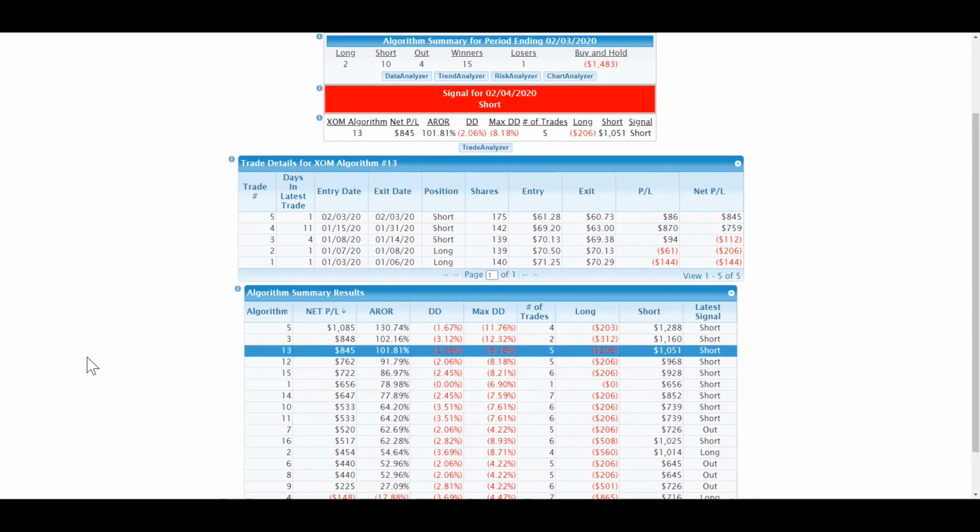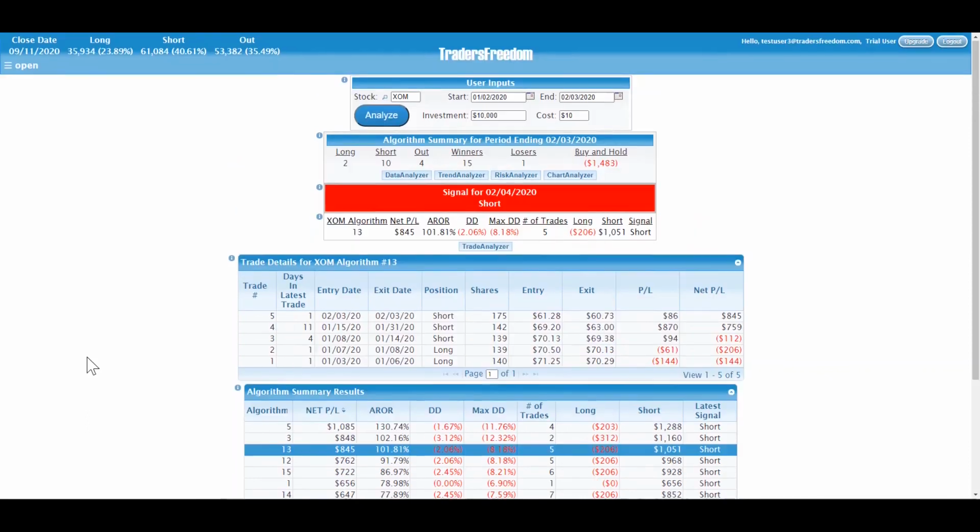But remember, this is all data that you'll only see on tradersfreedom.com. And you will see this same proprietary data every time you use Freedom to analyze any stock, and always in the same 3 places: the algorithm summary box, the algorithm summary results table, and the trade details table, with each subsequent section displaying more details as you drill deeper down, searching for the best trading opportunity for the stocks you choose.